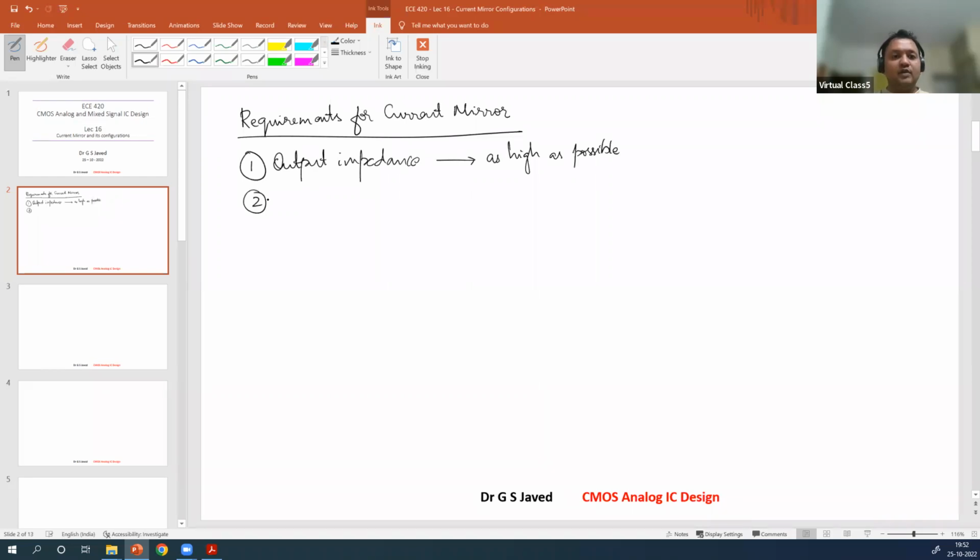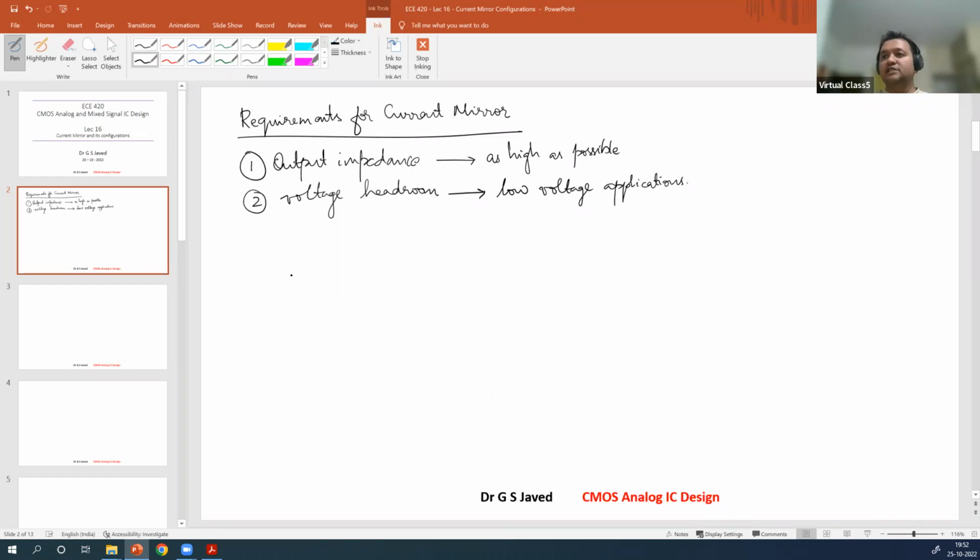Second would be, what is the voltage headroom? Meaning how much voltage there is above for swinging. And this is extremely important for low voltage applications. Now, what would be the example?